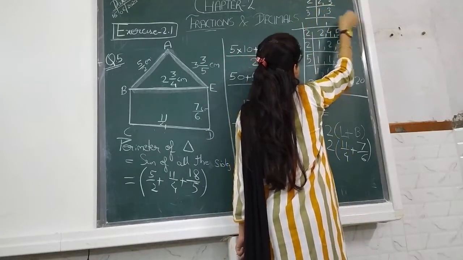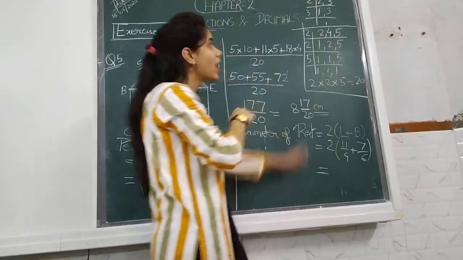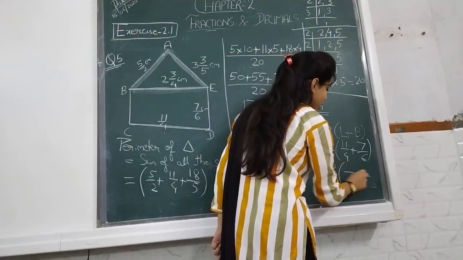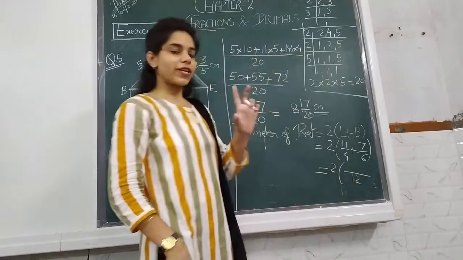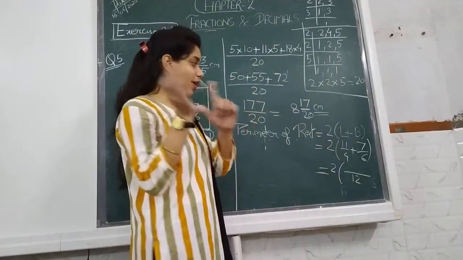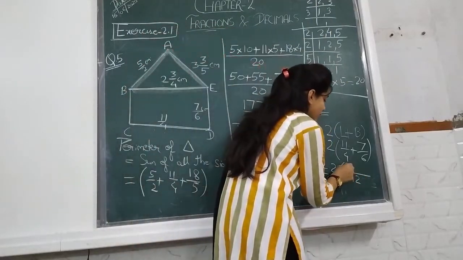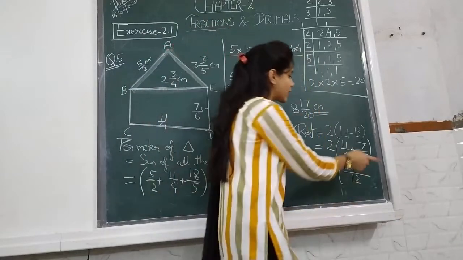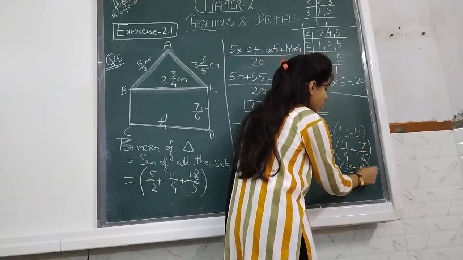So it will give you 3 twos are 6, 6 twos are 12. So the LCM of 6 and 4 will be 12. So 4 threes are 12, so multiply that 3 with 11, so 11 threes are 33. 6 twos are 12, so multiply that 2 with 7, so 7 twos are 14.